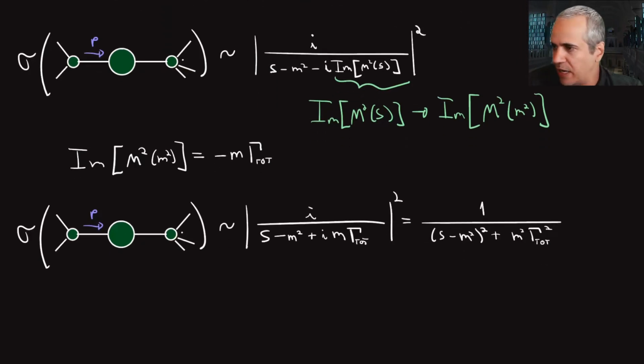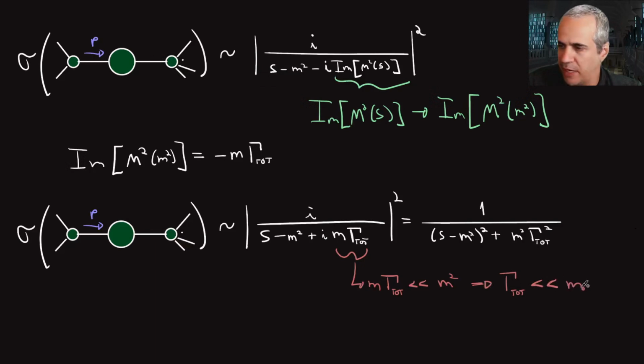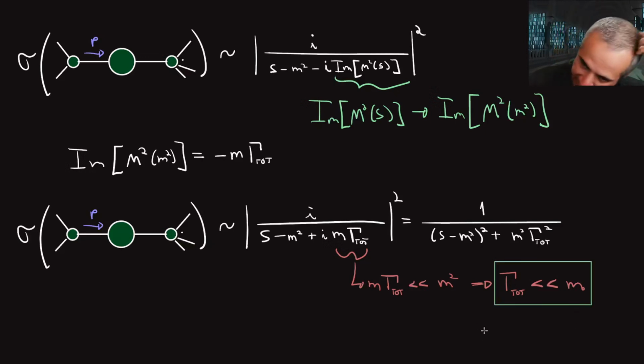So keep in mind that we are assuming that m times the width is small compared to m squared, which means that the width is small compared to the mass, which is when you have a good shaped Breit-Wigner distribution.